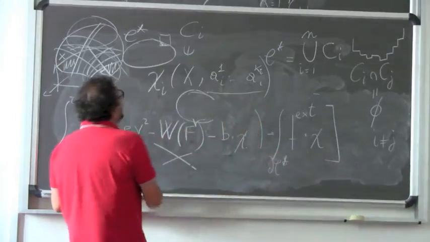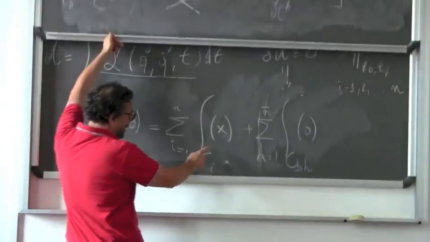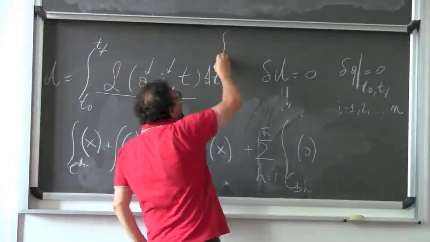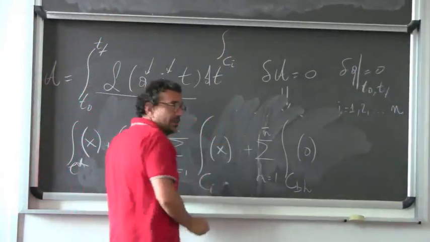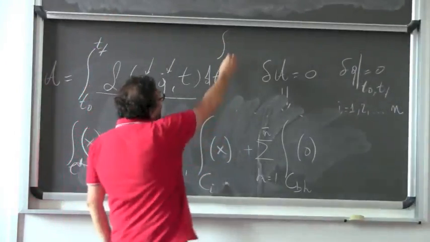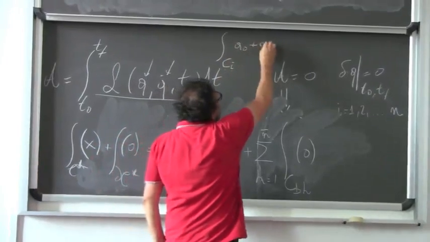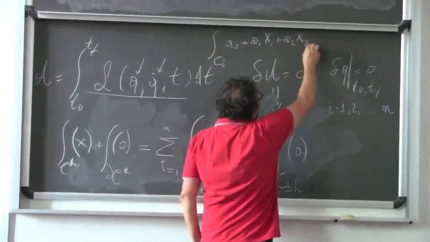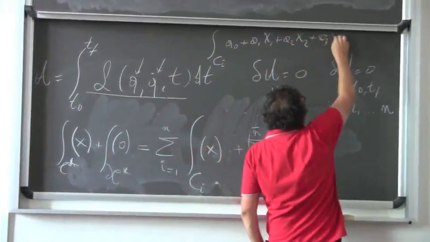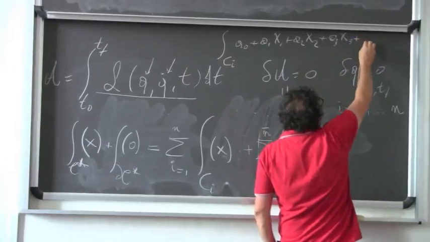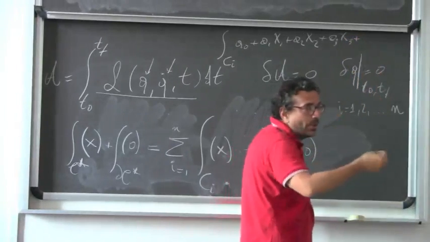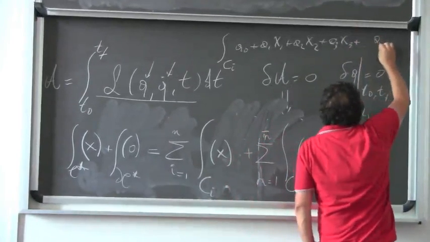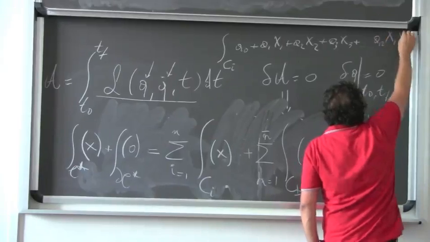So what is the structure of each of these integrals? You have the integral over the domain Ci of what? A0 plus A1x1 plus A2x2 plus A3x3 plus all the other polynomial terms, so you will have, I don't know, A12 x1x2, and so on.